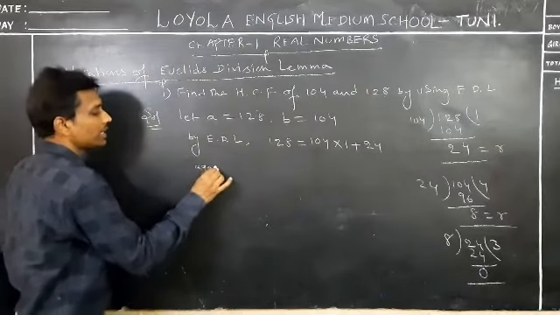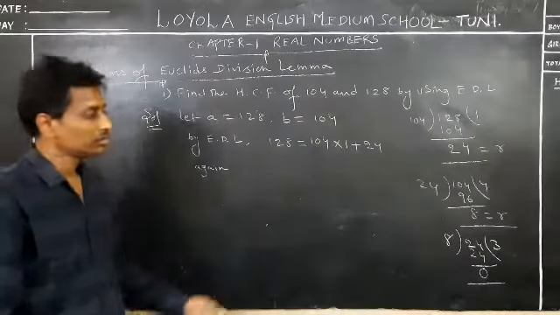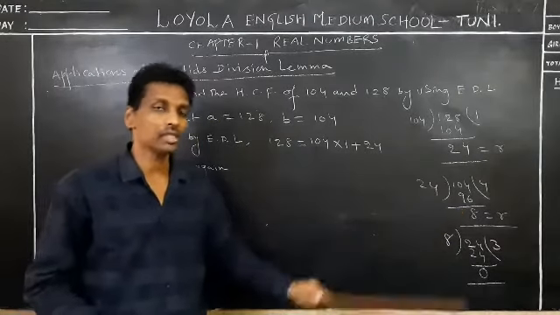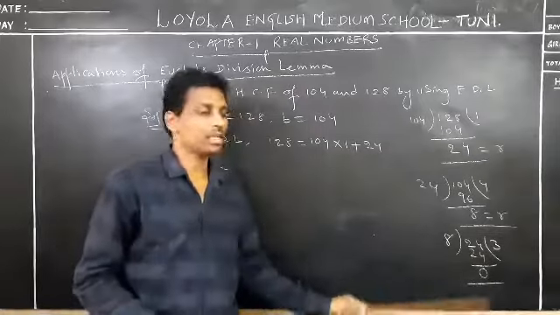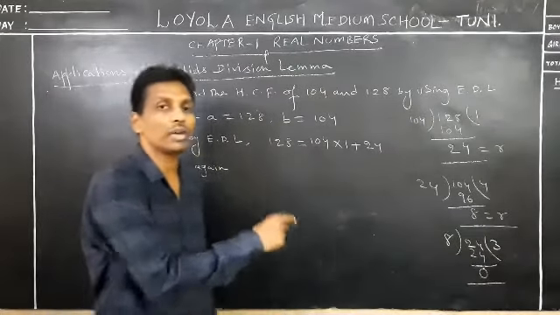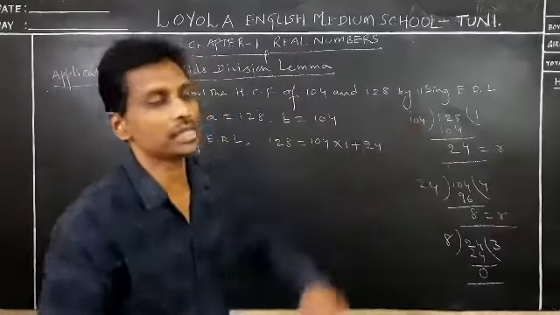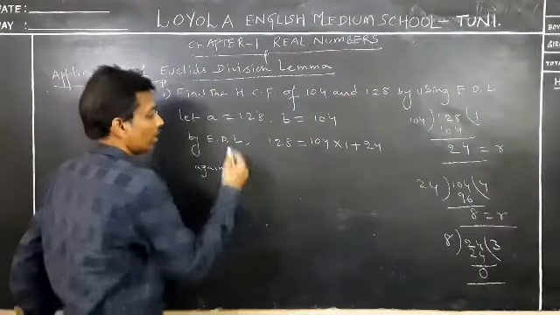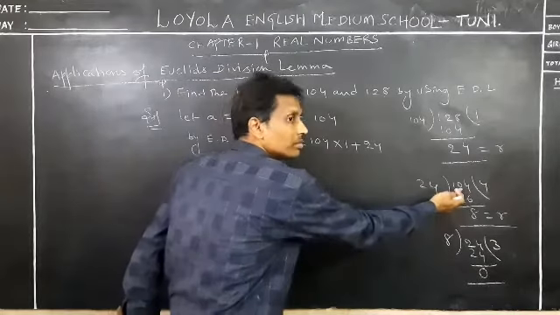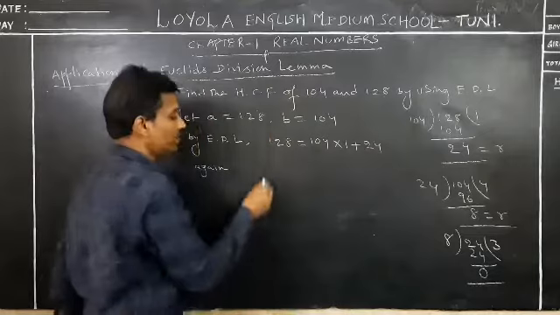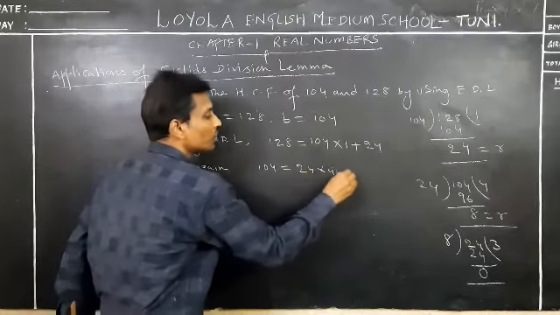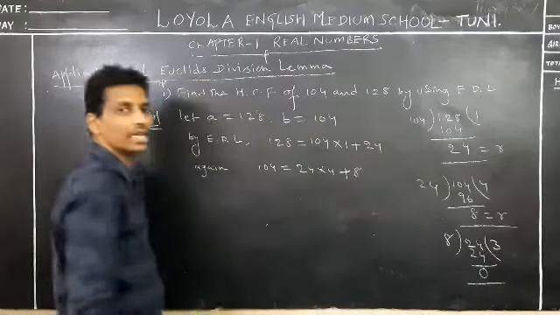And again we are writing, means again Euclid's division lemma will be applied for the step 2. Until we get remainder 0, Euclid's division lemma will be applied in the same manner. Again you see, instead of 128, what can we write here? 104 is the dividend. 104 is equal to 24 into 4 plus 8.